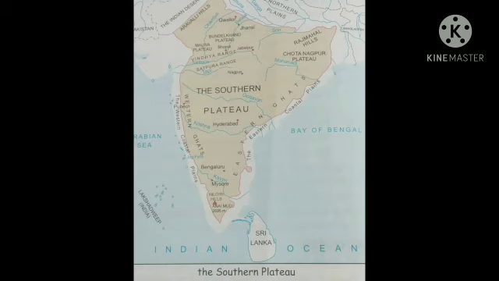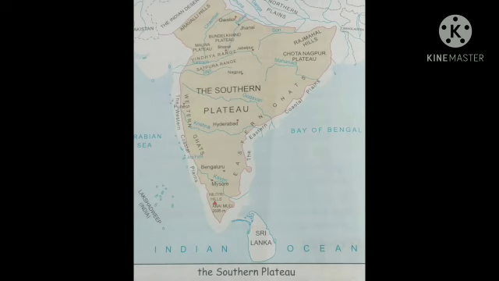The southern plateau is triangular in shape and lies to the south of the Narmada. It is broad in the north and narrower in the south.